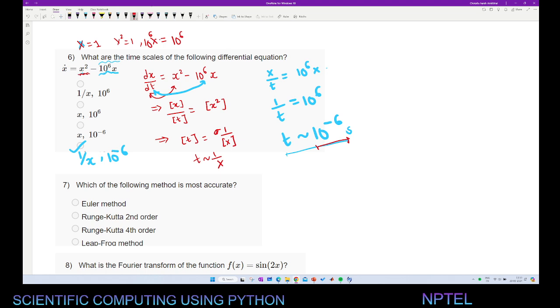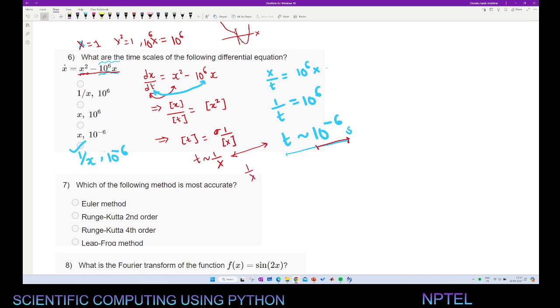In fact, you can try to plot this function. What will be its plot? So for small x, as we saw, it's a very steep negative slope function, right? For large x, you see this behavior. And you can compare these two time scales also, where both the effects come into play.